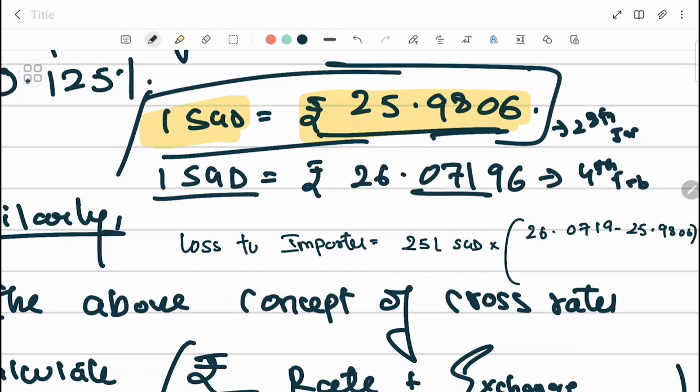This comes up to 2,28,250. Correct? This much rupees he has to pay extra. So this is basically loss to the customer or the importer.